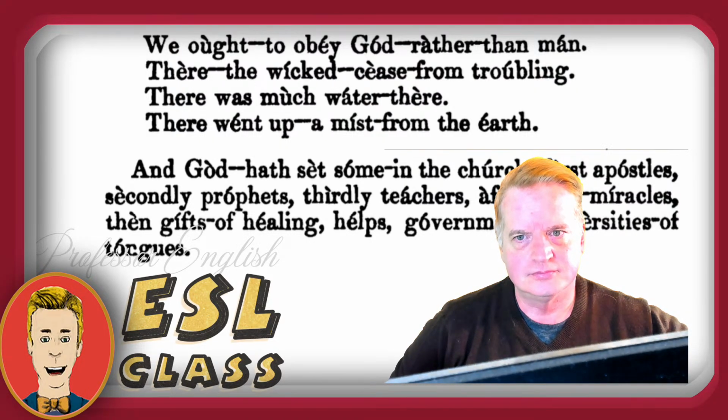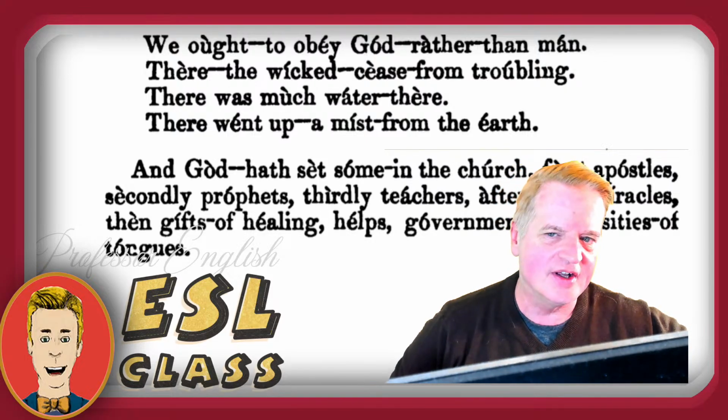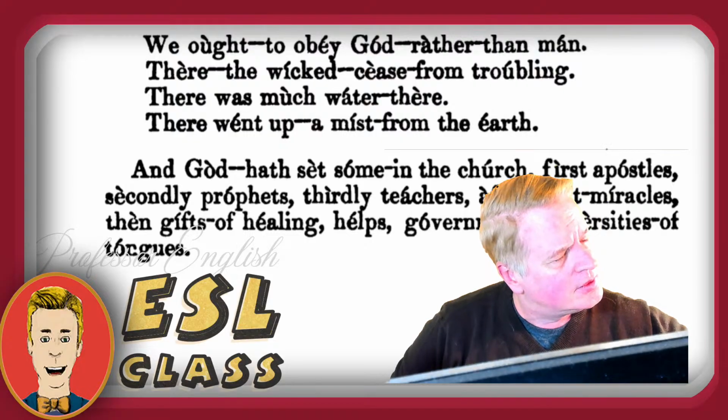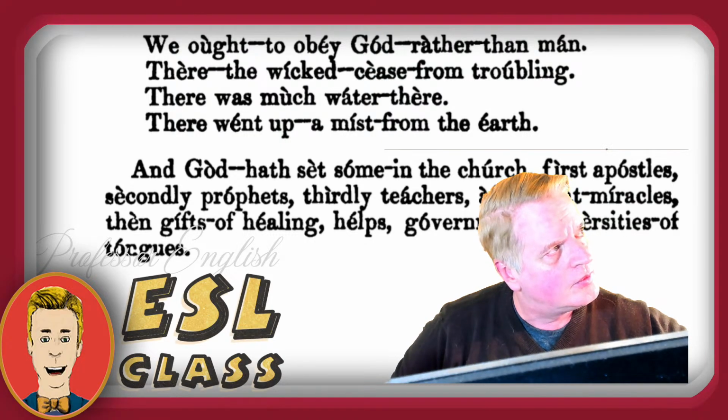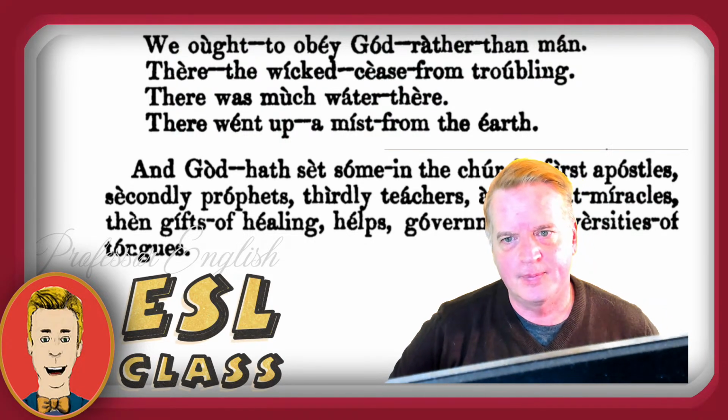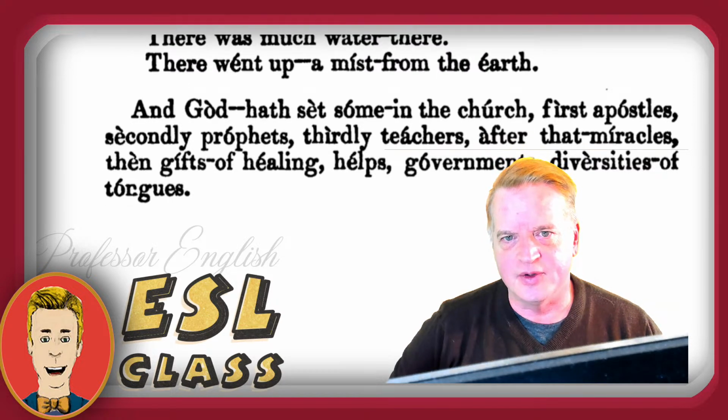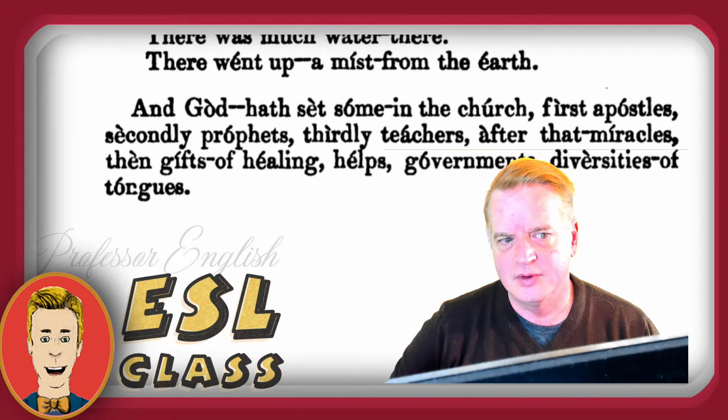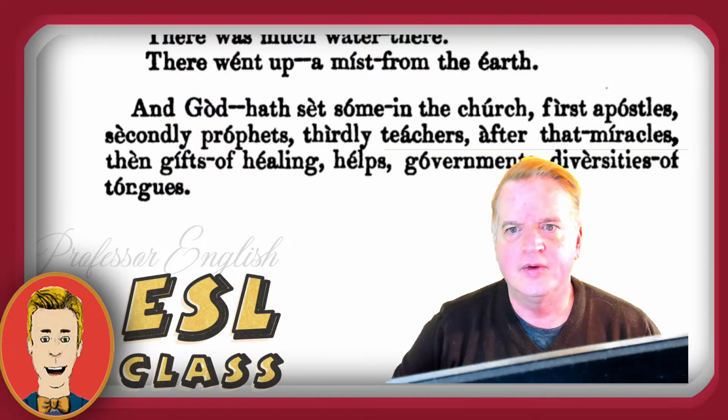There was much water there. Okay. So yeah, there was much water there. Right. Say it again. There was much water there. Okay. All right, let's try the final one. There went up a mist from the earth.